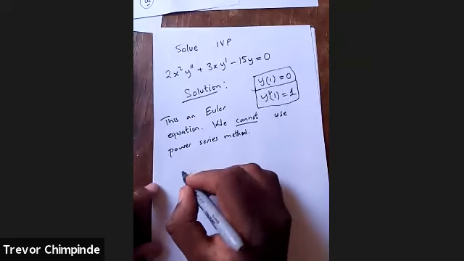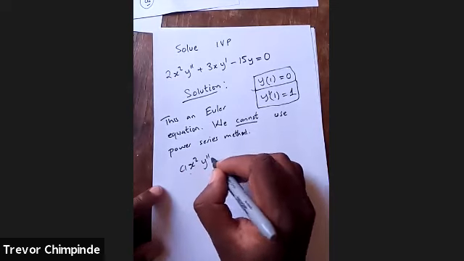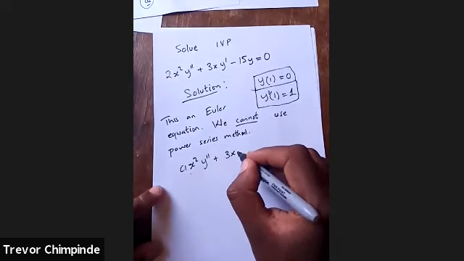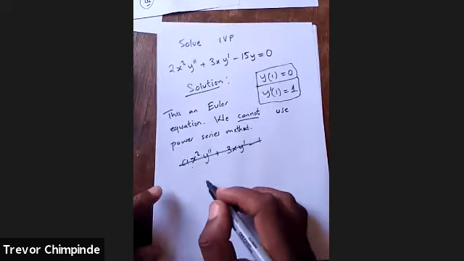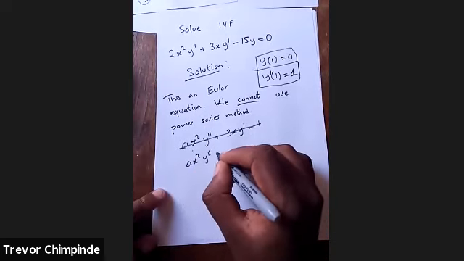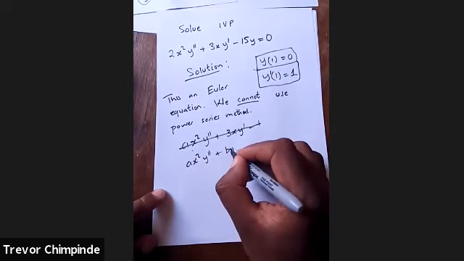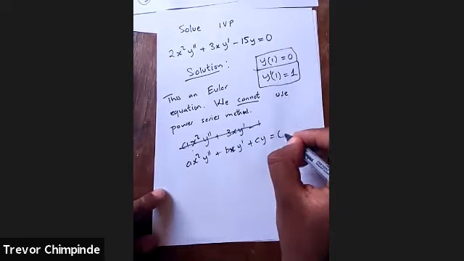Sir, how can we tell that it's an Euler equation? What's the most evident thing? It has to be of this form: ax squared y double prime plus bx y prime plus cy is equal to 0.